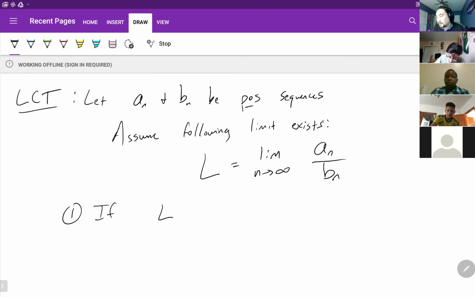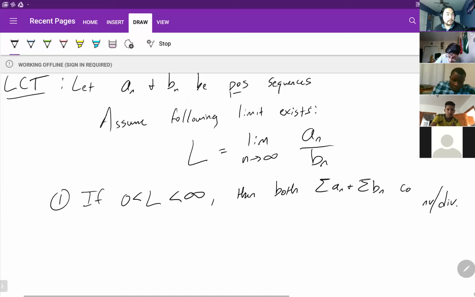All right. Okay. So if the limit is finite, then both series either converge or diverge. I like that phrasing a lot better.